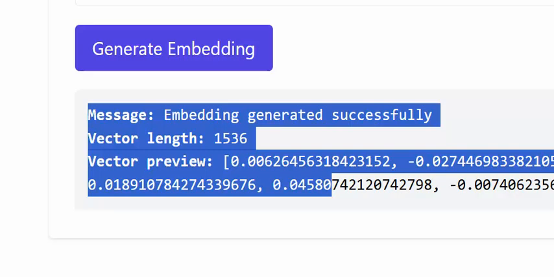What is semantic search? Semantic search is a comparison: compare the prompt vector with the vector of a chunk of some book, one vector for part of one book.